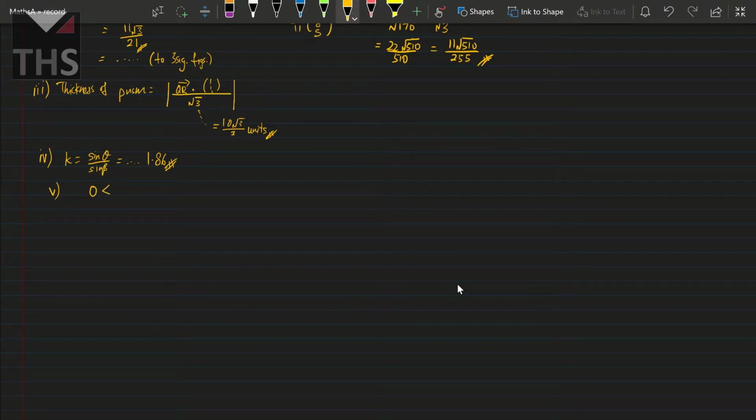They are both between 0 and pi over 2. But which is bigger? They told you to consider what happens if beta is bigger than theta. So maybe like this, that's how I picture it. Beta is bigger than theta, but both of them will always be between 0 and pi over 2, acute angle.